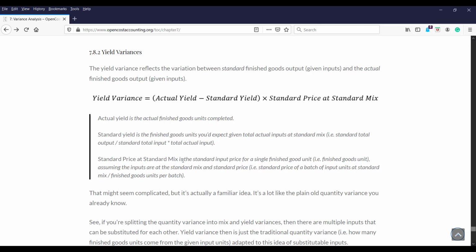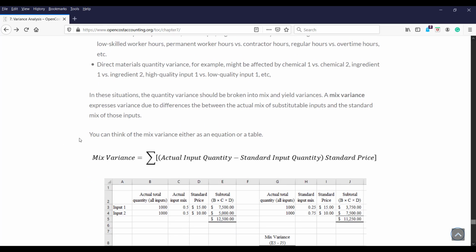Standard price at standard mix is the standard input price for a single finished goods unit, assuming the inputs are at standard mix and standard price. So that is the standard price of a batch of input units at standard mix divided by the number of finished goods units per batch. So usually we're talking about, with these kinds of situations, some sort of a mixture.